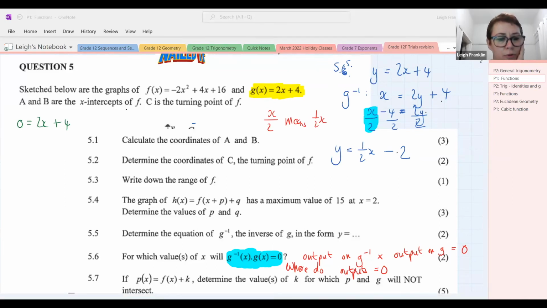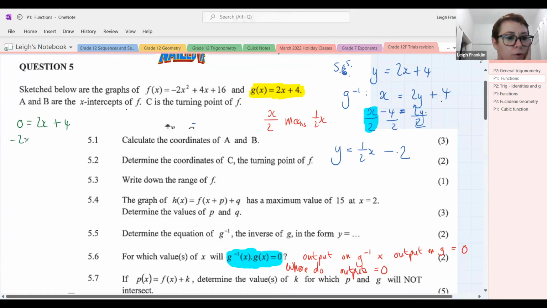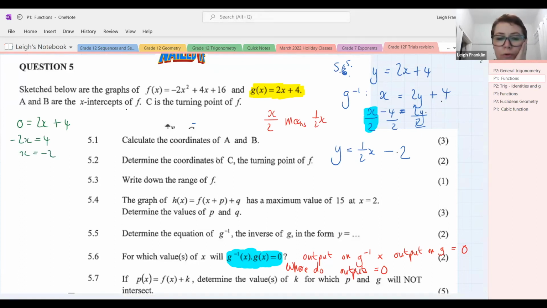Okay, so Spoo says for g, where x equals -2. I agree with you, Spoo. I agree with you. I agree, Palesa.